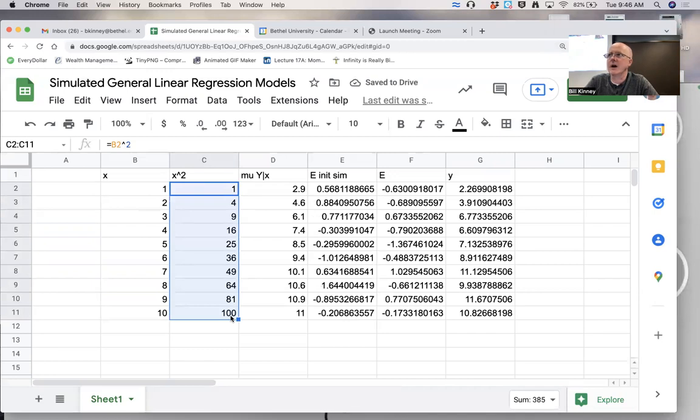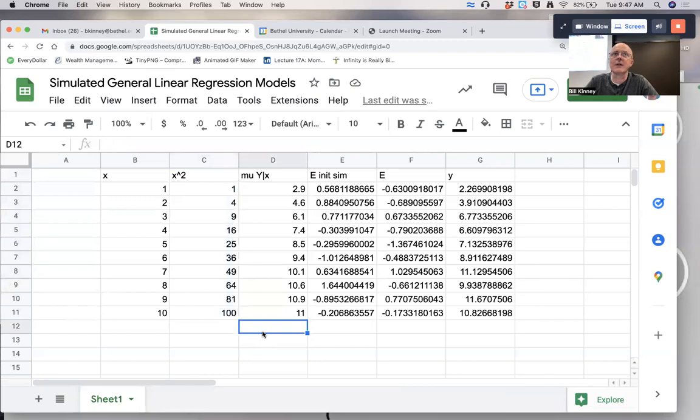If I want to use a quadratic model and get the spreadsheet to do it for me, to compute estimates for beta 0, beta 1, and beta 2, I need a column for the x squared values as well. And if you had real data, you'd still want to do that. If I didn't do that, it would assume it's trying to do an ordinary linear model.